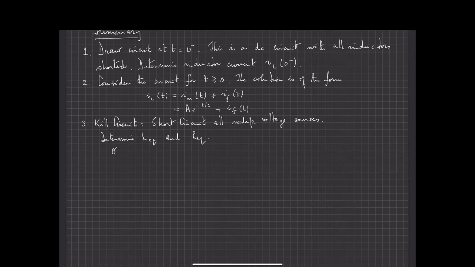Obtain tau as equal to L equivalent over R equivalent. That is, when you kill the circuit, you want to reduce it to an RL circuit, some R equivalent, some L equivalent. Okay.